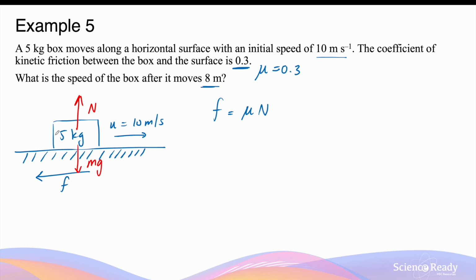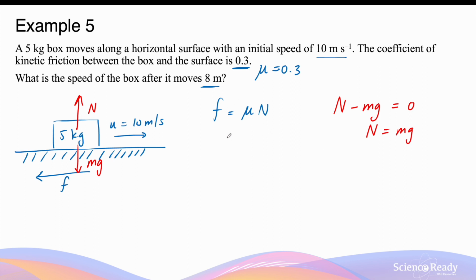Since the box is moving horizontally with no acceleration in the vertical axis, we can say that the sum of the vertical forces, that is the normal force and the weight force, is equal to 0. The net force in the vertical direction is 0. So this means the magnitude of normal force equals the magnitude of the weight force.